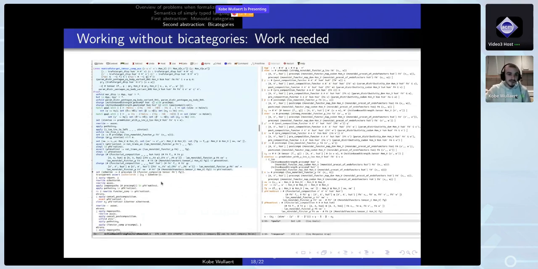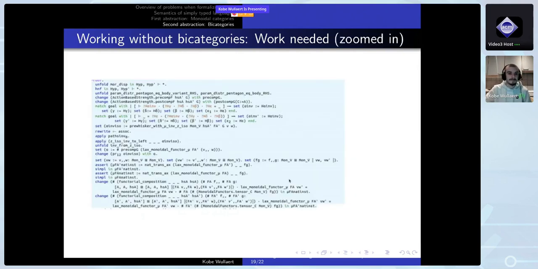Here, in this marked area, you can see that in order to get to this goal, you have to do a lot of stuff. All the difficulty is now put in the context, and even the context is not really readable.